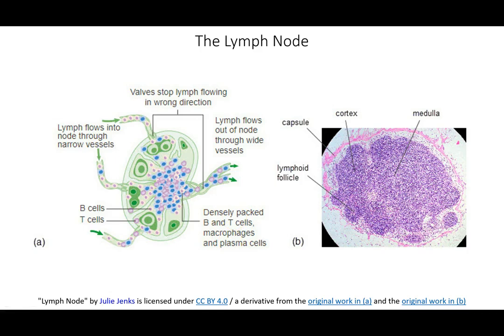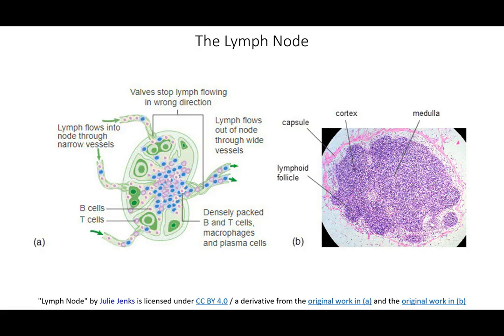And this is, again, just a surveillance system, so that we can check all of this lymphatic fluid for pathogens or other debris or mutant cells that should not be present anymore. And so lymph nodes are considered to be secondary lymphatic system organs or secondary lymphoid organs.